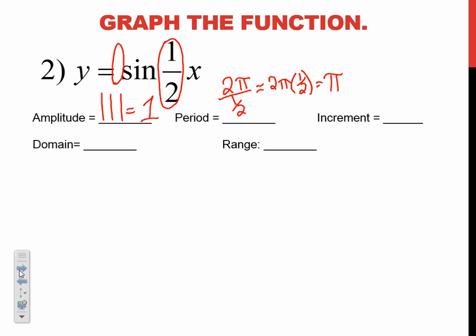Now remember our increments. We're going to take whatever our period was divided by 4. So this is going to be pi over 4. That's our increment, what we're going to count by, and we have to go to pi on both sides.